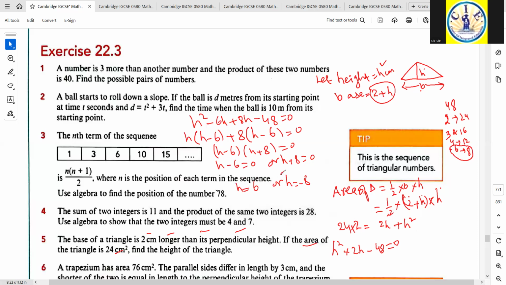Since h was the height, which cannot be negative, this is not possible, so we ignore it. So finally the value of the height of the triangle is 6 centimeters. So this was question number 5.